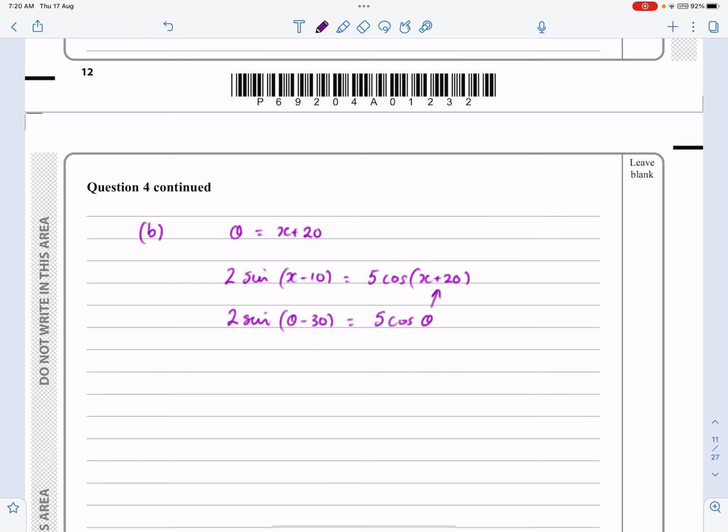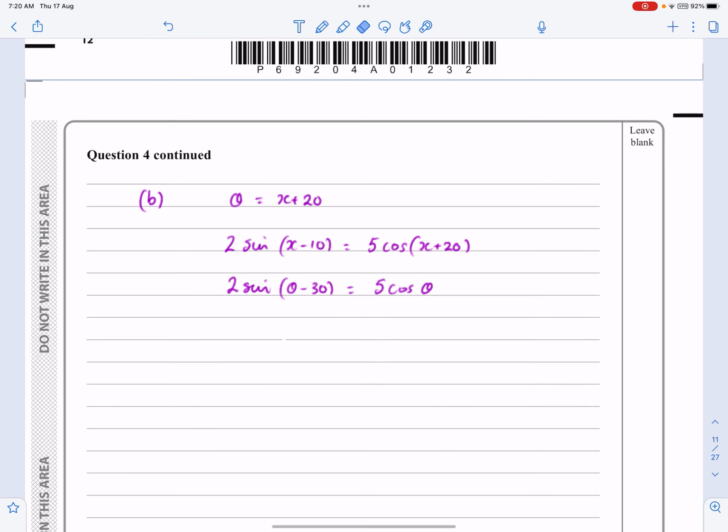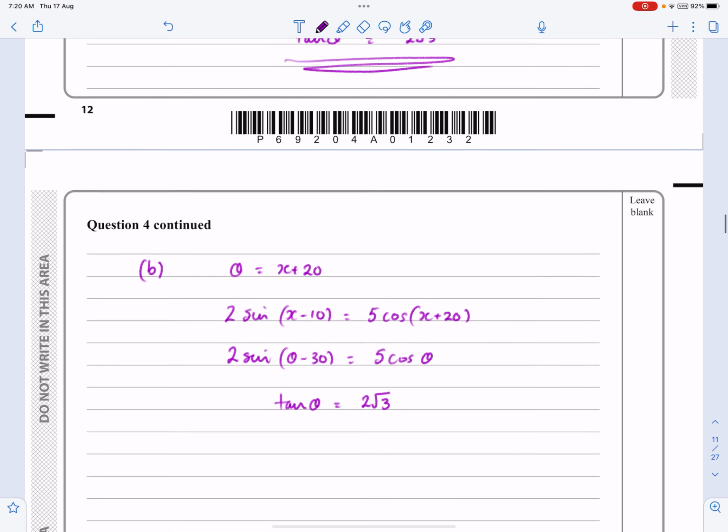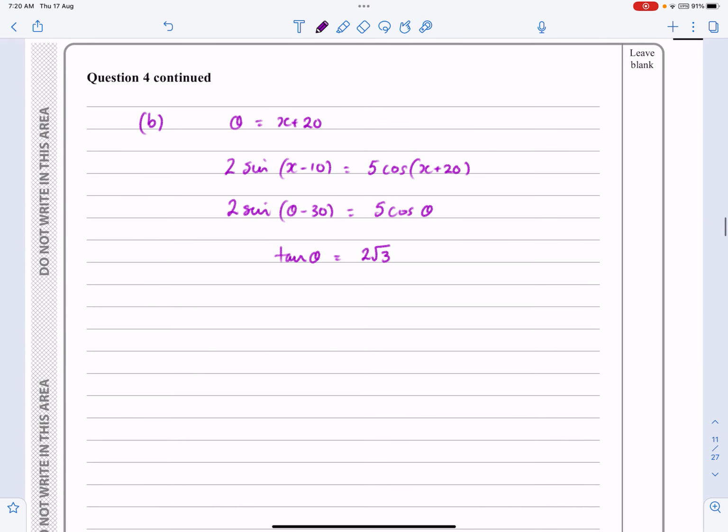That's theta, and theta minus 30 works out to be that if we have theta equals x plus 20. So now I can straight away say, using that, tan theta is equal to 2 root 3, because we can just drop that straight down to be equal to that.